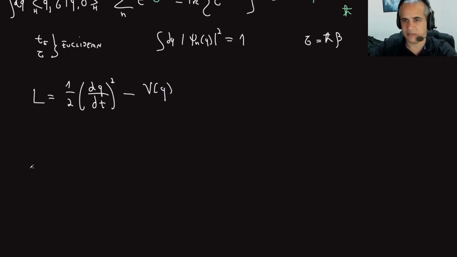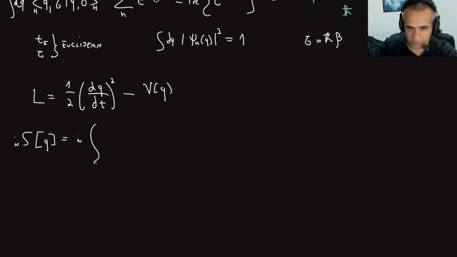In this case, we know the action, right? We have written that a couple of times already. Just now be very careful with the notation here. So I'm going between t and t prime, this is just an integration variable. I mean, this is before I do the Wick rotation.